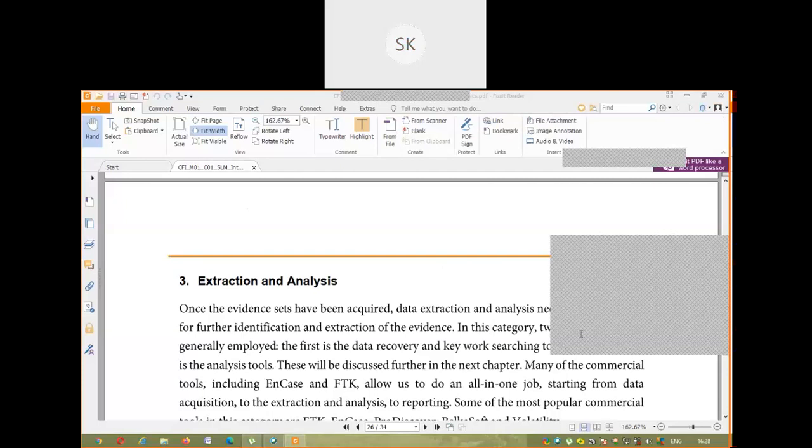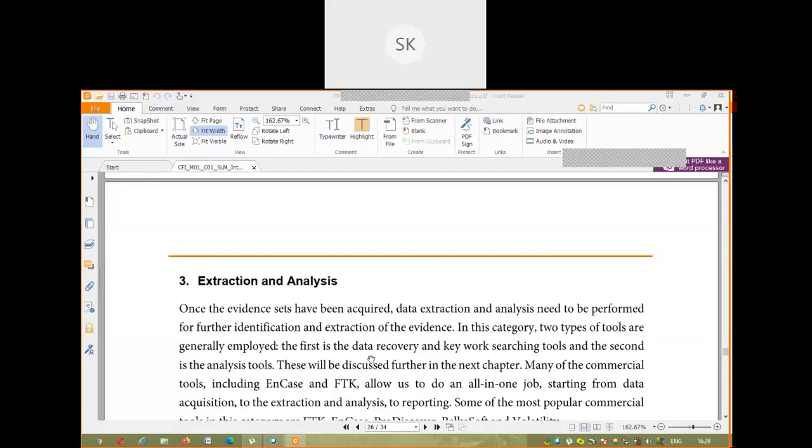So why I mentioned that: now you will get to know what data recovery is. It is written here: there are two types of tools for extraction and analysis. The first one is data recovery. There are data recovery tools, and once you recover the data, you get whatever the criminal deleted from the hard drive, pen drive or other device.